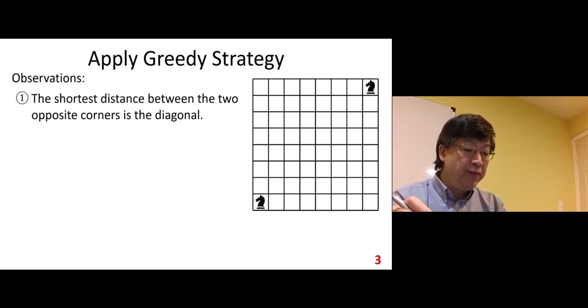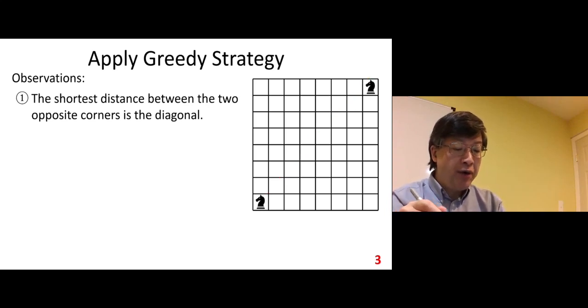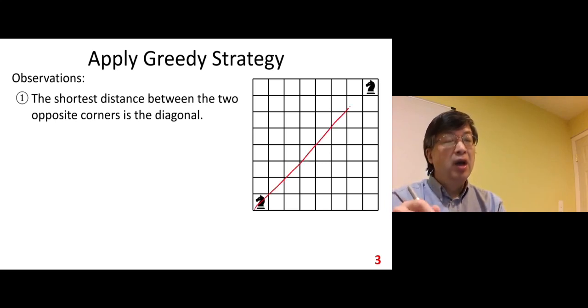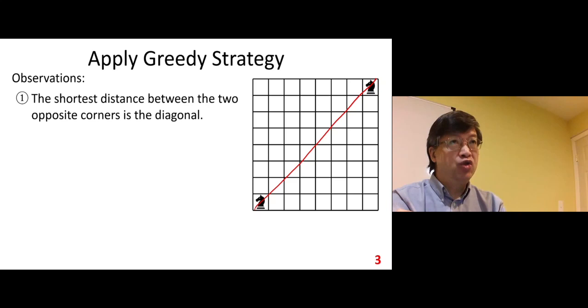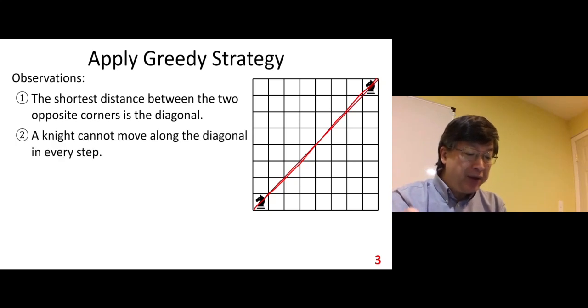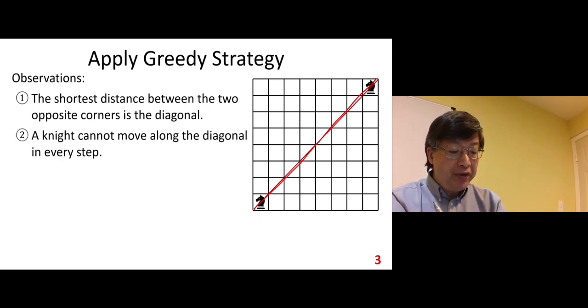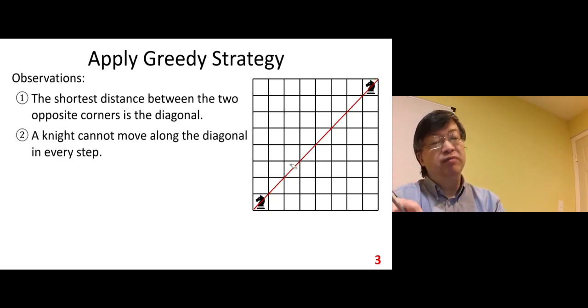The shortest distance between two opposite corners is the diagonal. If we draw this diagonal, geometrically, that is the shortest distance. But we have a restriction, a constraint. The problem is a knight cannot move along the diagonal in every step.